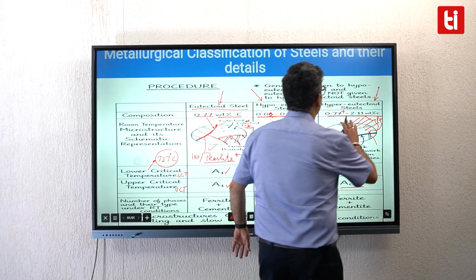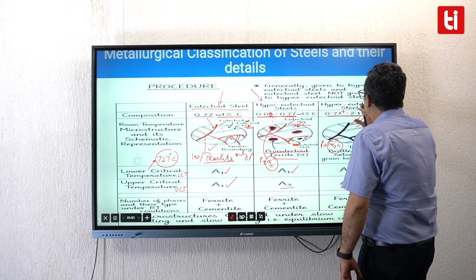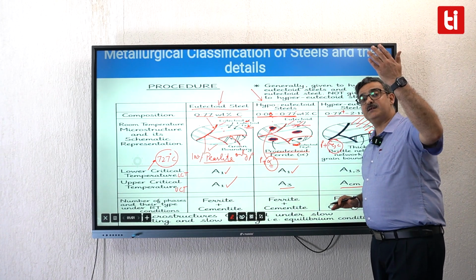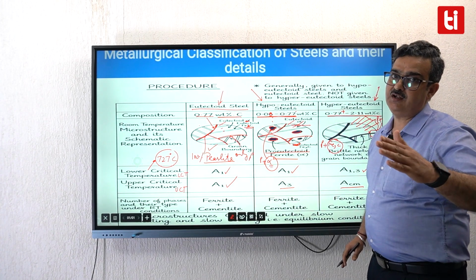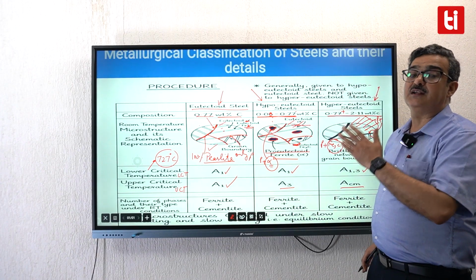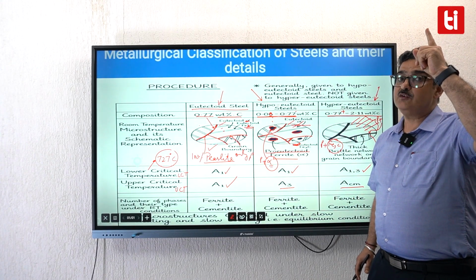So hypereutectoid steels either should not be heated above the upper critical temperature, or if they have to be, please don't slowly cool them. At least air cool them. And that is what we do during normalizing.